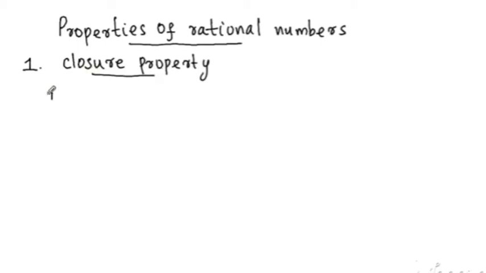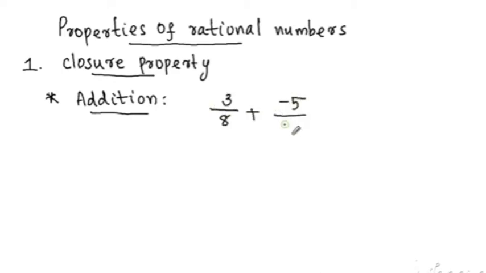Consider the first operation, that is addition. Rational numbers are closed under addition means if you add two rational numbers, you will obtain a rational number. For that, consider an example: 3 by 8 plus negative 5 by 7. You can take any two rational numbers. In order to add these, you can cross multiply. So 3 times 7 is 21 plus negative 5 times 8 is negative 40, divided by 8 times 7 is 56.